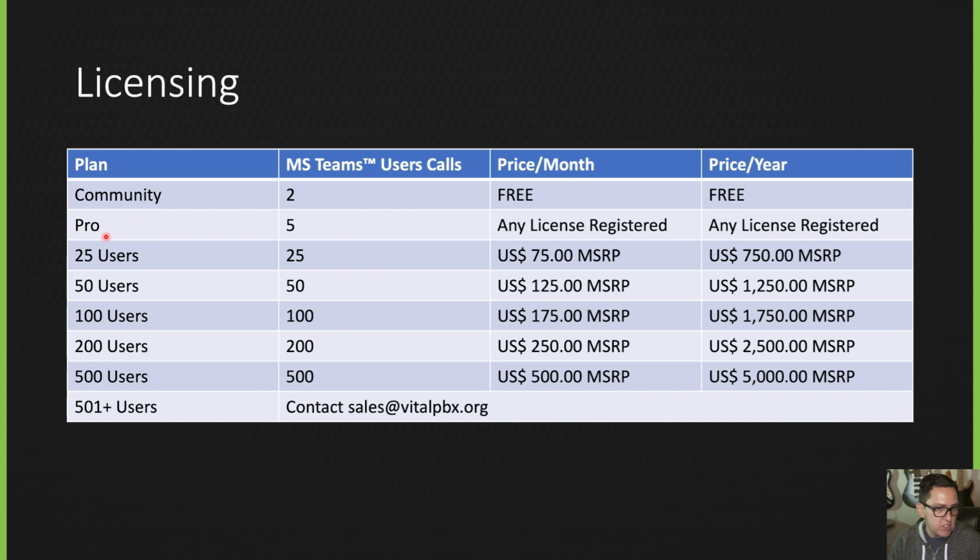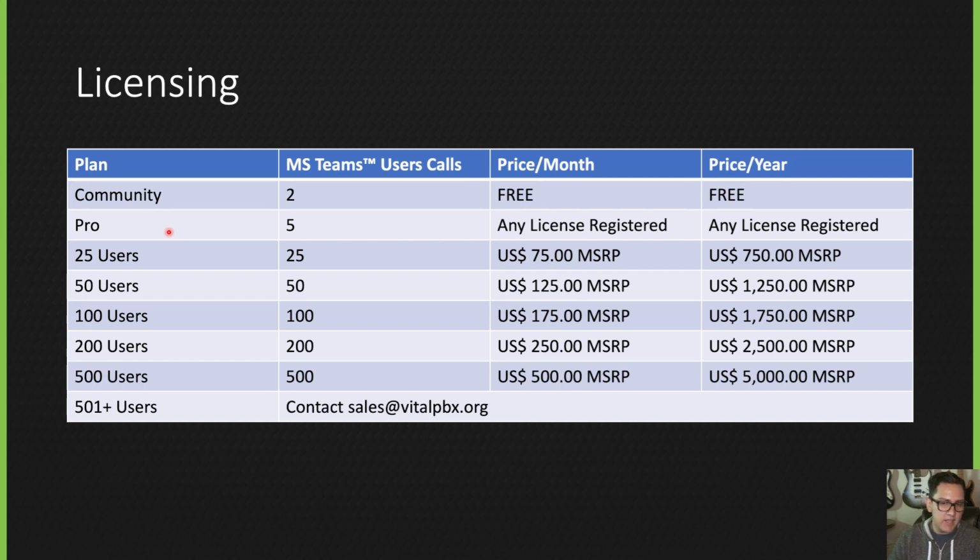The pro version of VitalPBX. If you remember, the pro version of VitalPBX is whenever you have any license registered to your system. So you can have anything from the cheapest individual license, it doesn't matter, as long as you have one license registered on your PBX.